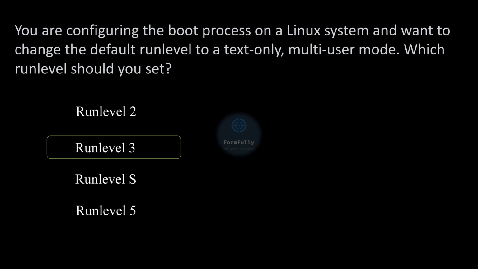Run level 3 is commonly used for a text-only multi-user mode, making it suitable for systems that do not require a graphical user interface during boot. The other run levels are typically associated with different configurations. Run level 2 is similar but can include additional services. Run level 5 is a graphical environment, and run level S is for single user mode. So the correct option is run level 3.